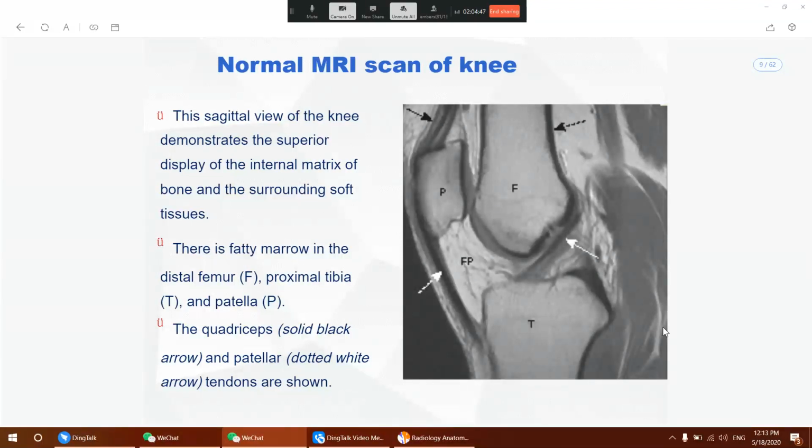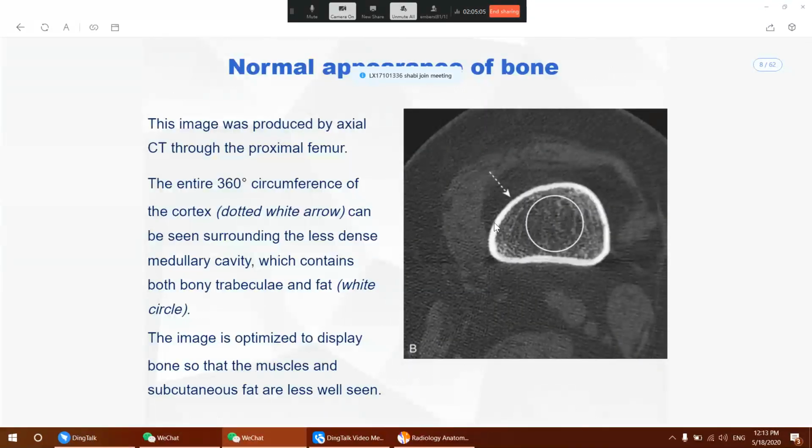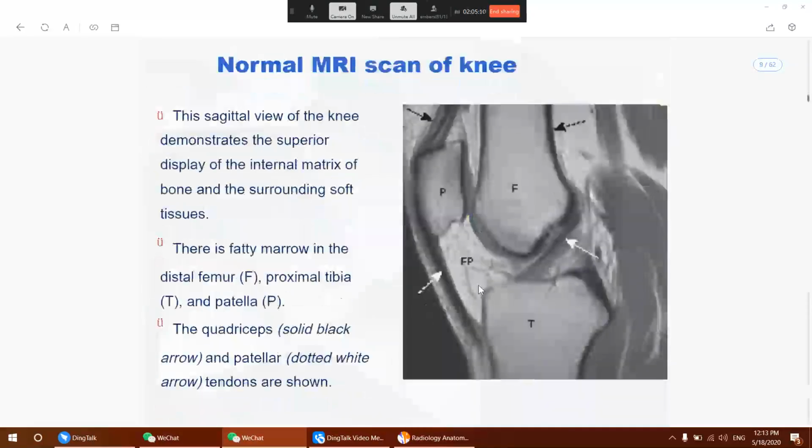You are not looking at the calcium part of the bone, but at the fatty bone marrow component. In the CT scan I'm looking at the true calcium areas and true medullary areas, but on an MRI scan I'm looking at the fatty bone marrow component.